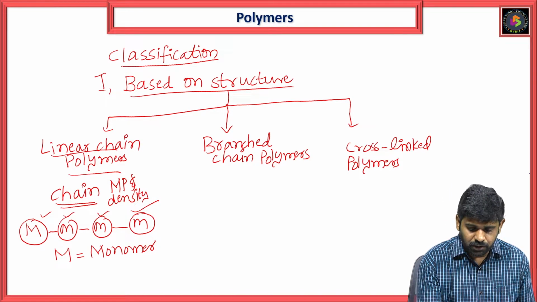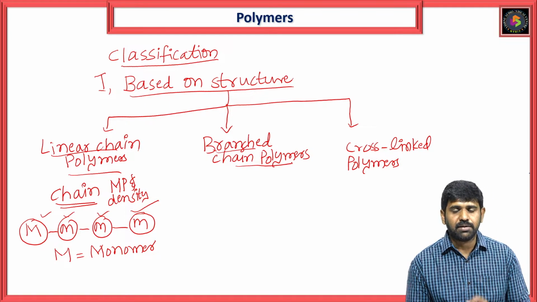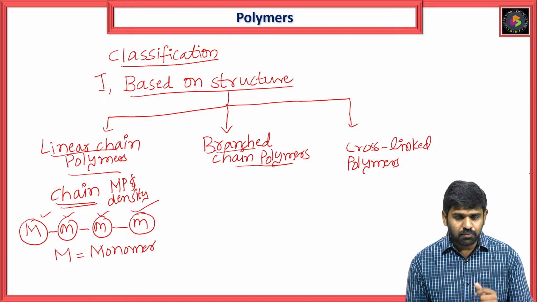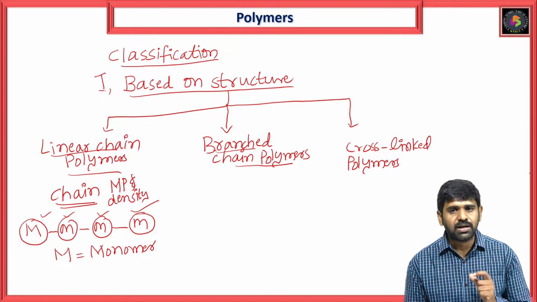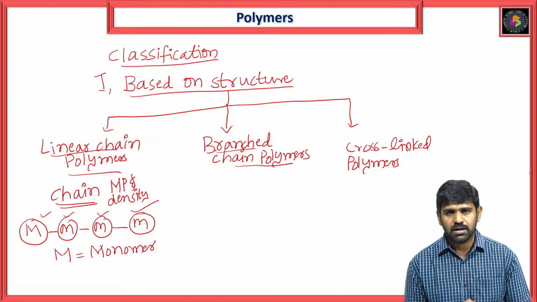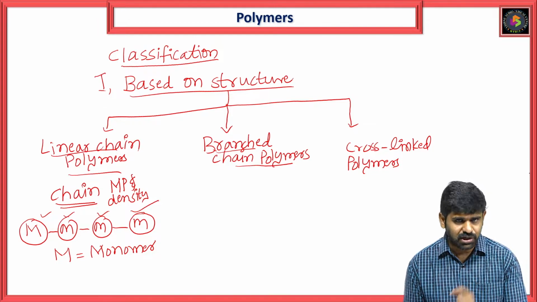Next, coming to branched chain polymers, the name itself indicates branches. In these polymers, the polymeric chain contains branches of monomers, which hinders the close packing structure of the polymeric chain.